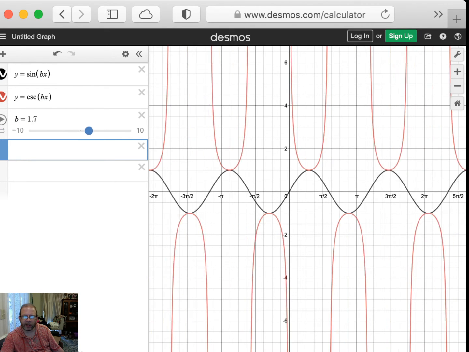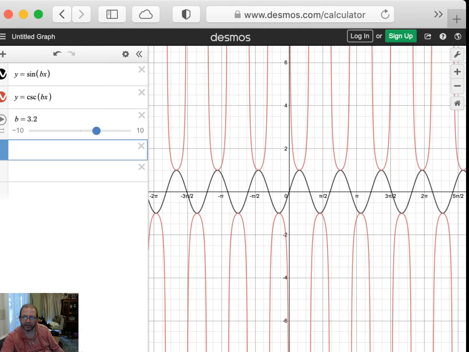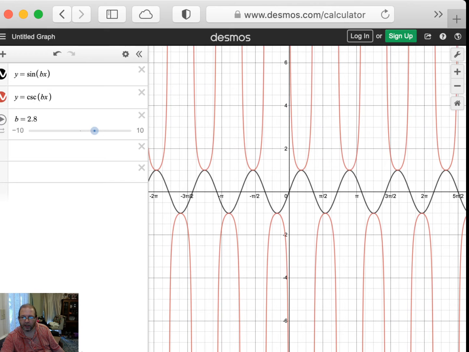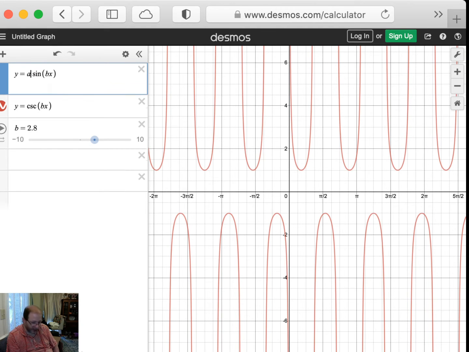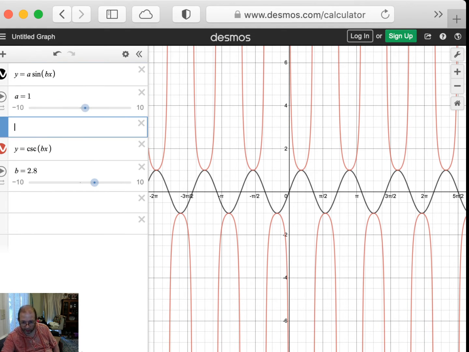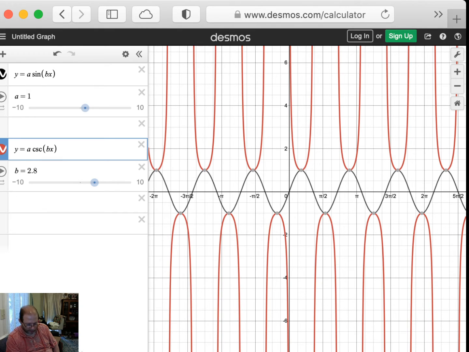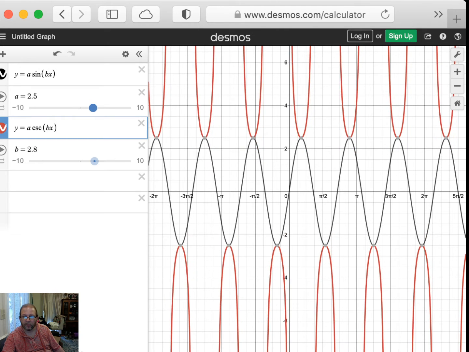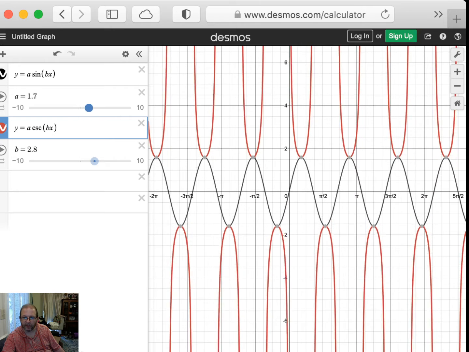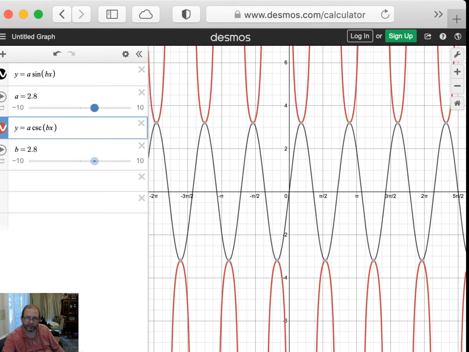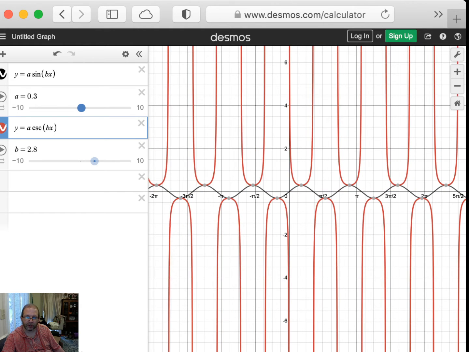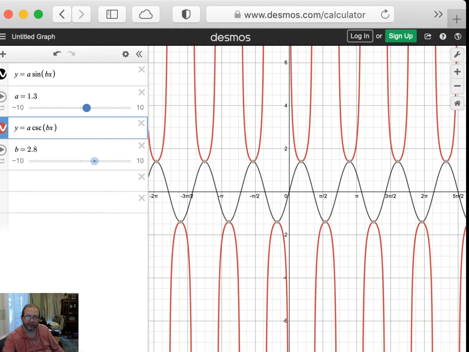if I vary b around, well, that's going to change the period. If I put an a in the front and vary it, it just stretches the sine out, which makes the u's go closer or further away from the axis.